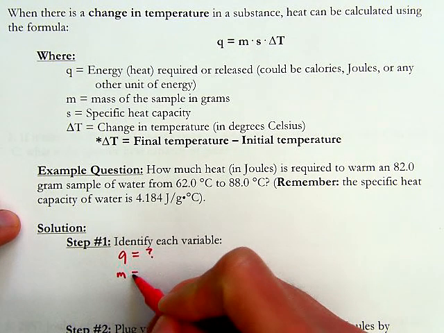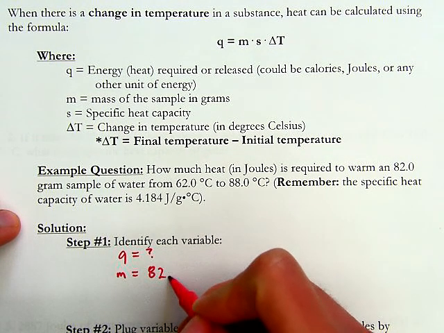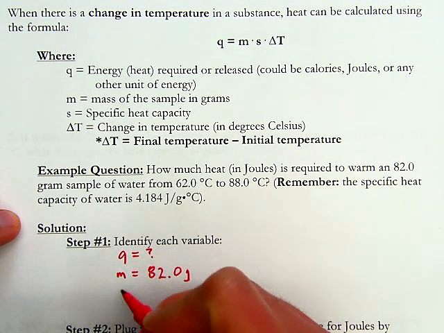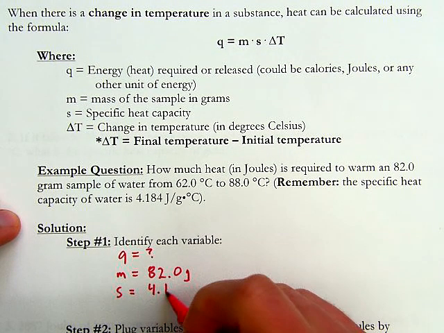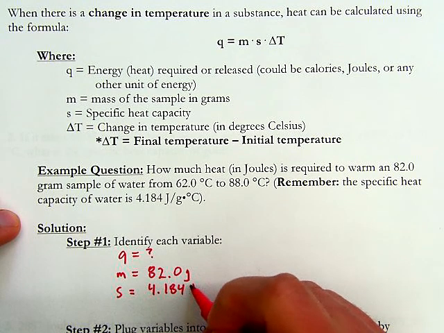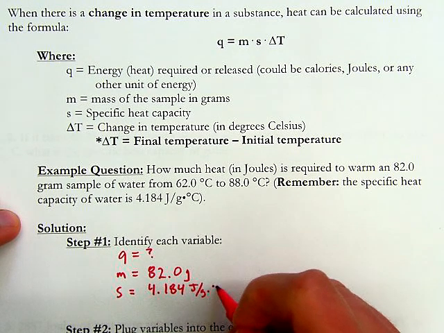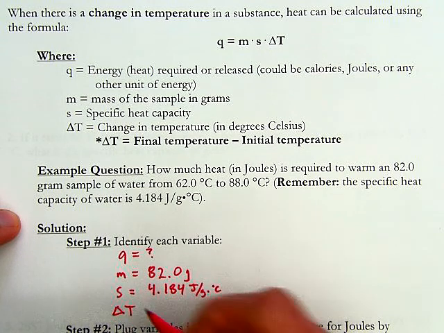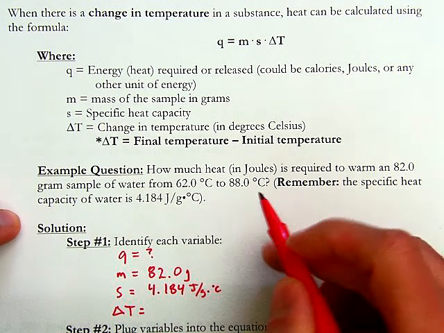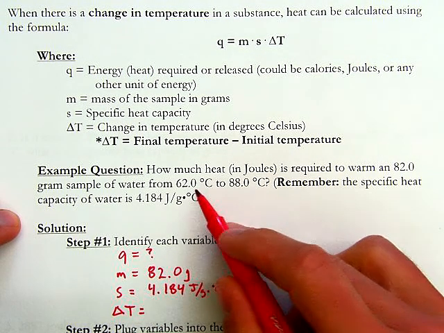M is the mass of the water, which is 82.0 grams. S is the specific heat capacity of water, 4.184 joules per gram degree Celsius. And then delta T is our change in temperature. Now remember, change in temperature is final minus initial.